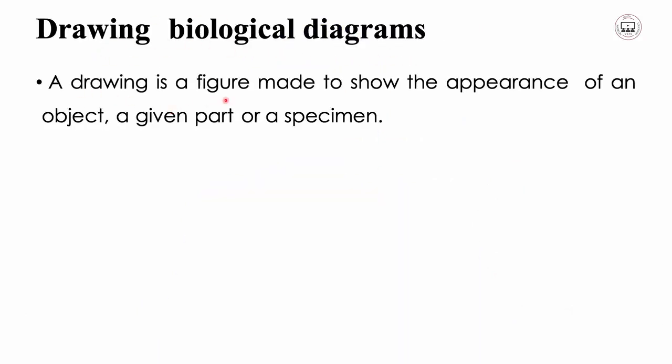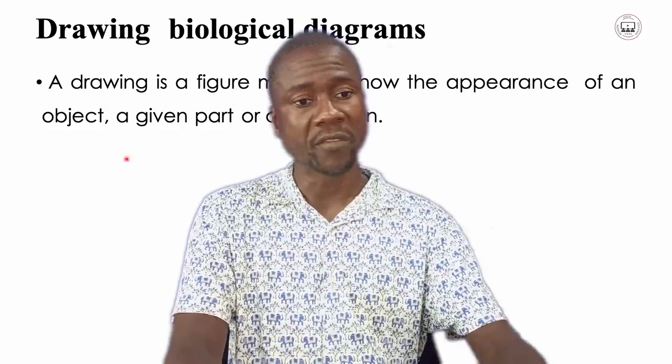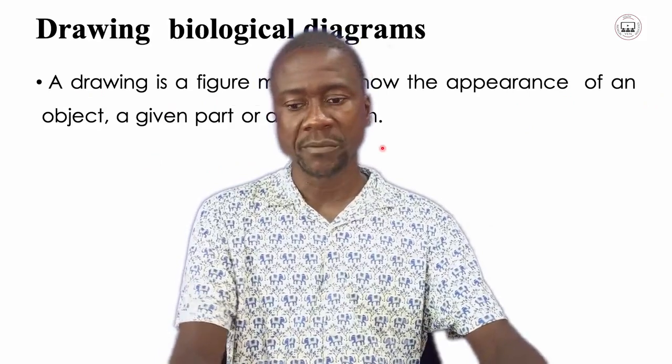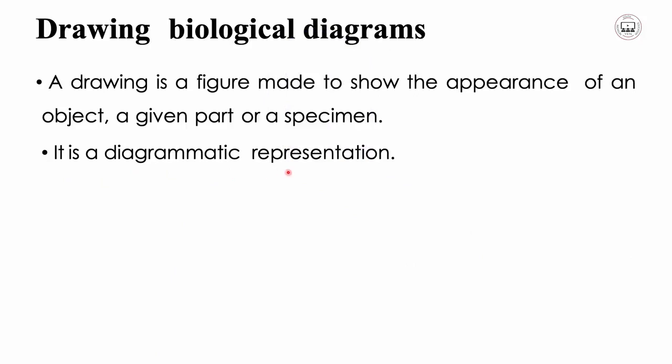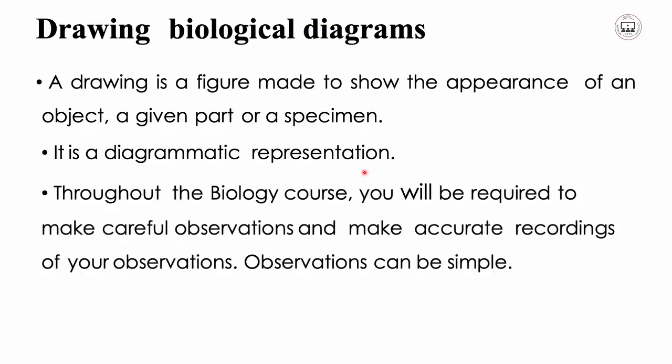Of course, a drawing is a figure made to show the appearance of an object or a given part or a specimen. It is a diagrammatic representation of that specimen or object. You should also understand that throughout this biology course, you will be required to make careful observations and make accurate recordings of your observations, and observations can be simple.